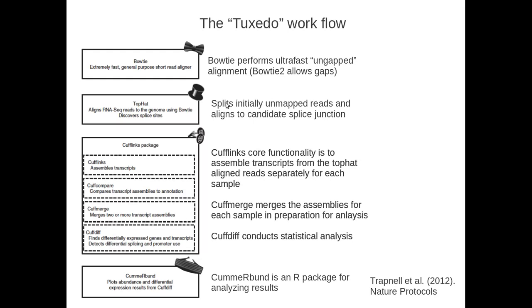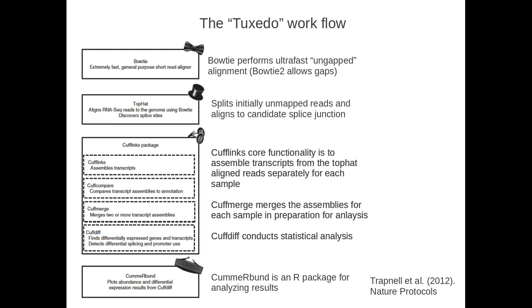Top Hat is software that will use Bowtie in its first phase of the alignment, where it does what's called exon first aligning, and then in the second phase, it takes the reads that were not mapped by Bowtie, and then it realigns them by splitting them and looking for places in the genome where the split read both ends map.